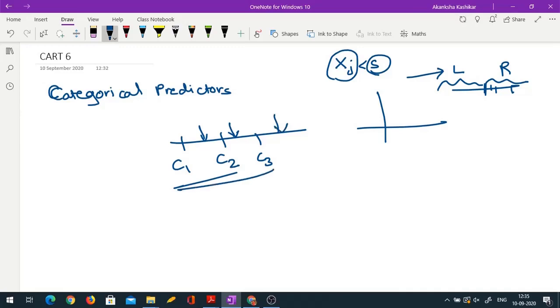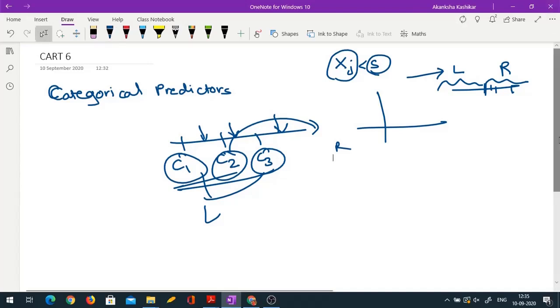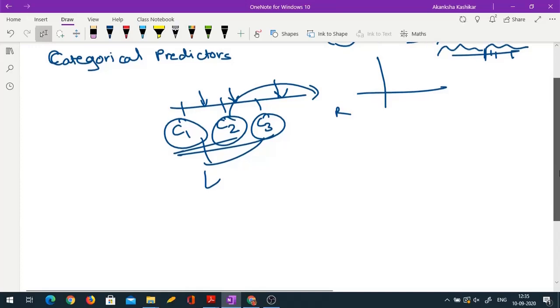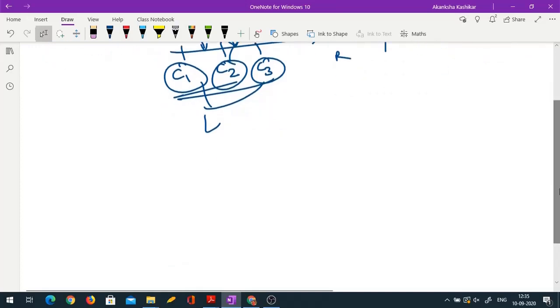Just doing this much is not enough, because it may be possible that category 1 and category 3 should go to the left node and category 2 should go to the right node with others. This is also possible, right? As a result, there are just too many combinations which we can decide for going to the left node and right node. Can you see exactly how many combinations there are?